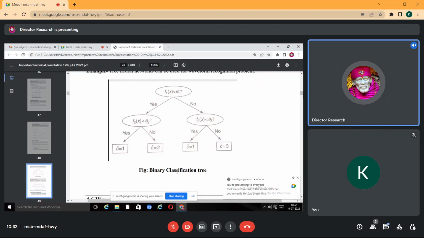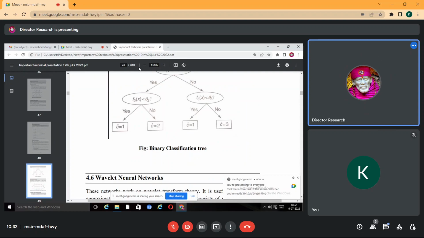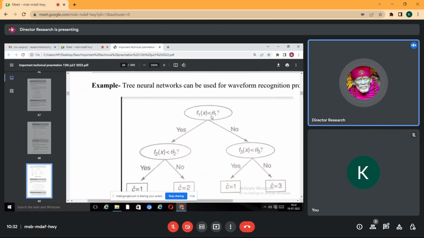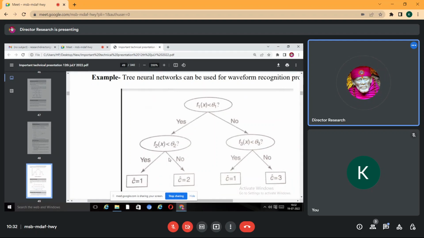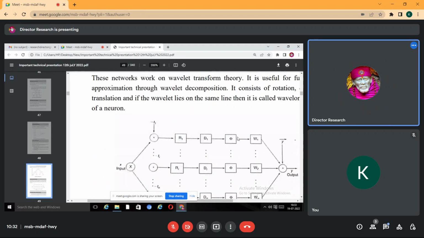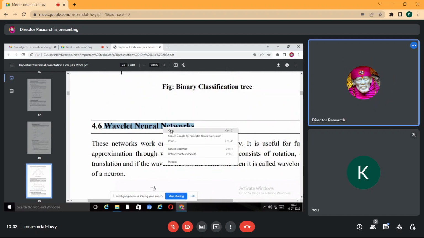So this tree neural network is used for the waveform recognition problem. f1 of x less than theta 1, f2 of x less than theta 2, yes; no, f3 of x less than theta 3, yes, c bar equals 1; no, c bar equals 2. And theta 3, yes, c bar equals 1; no, c bar equals 3. Binary classification.